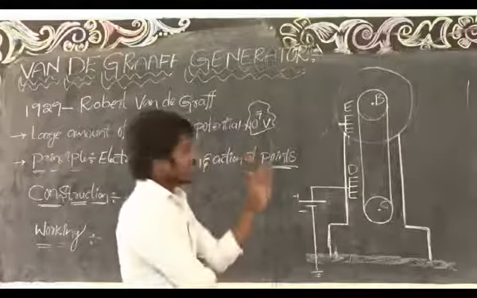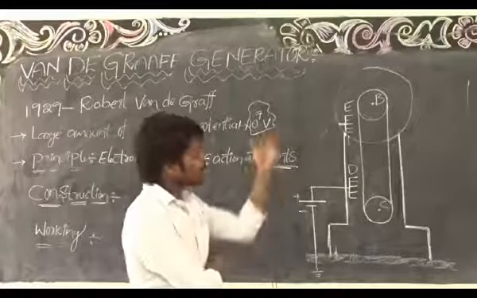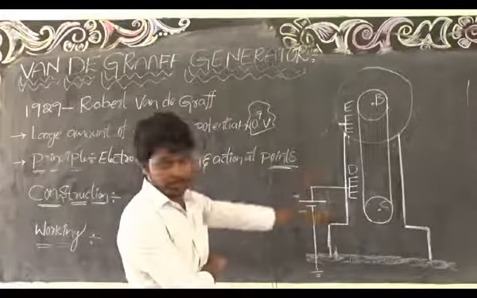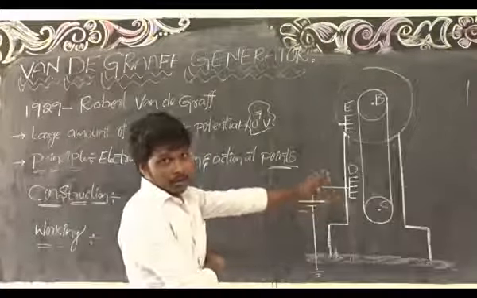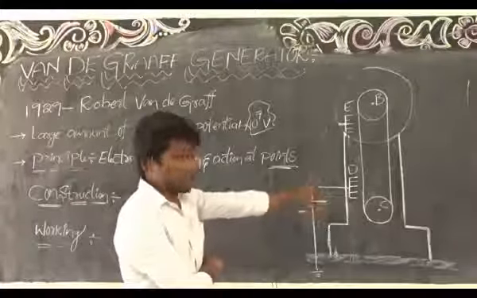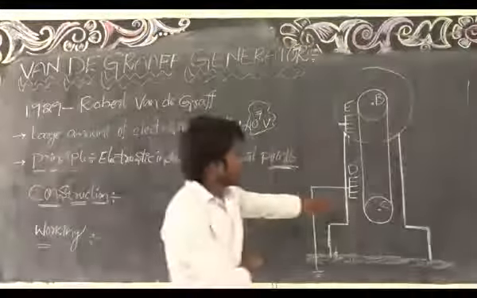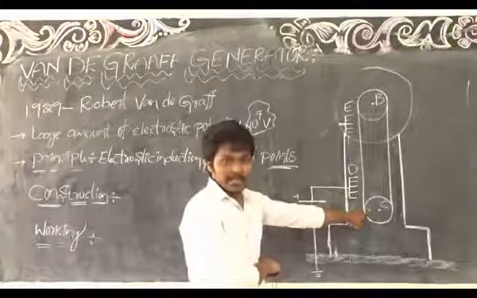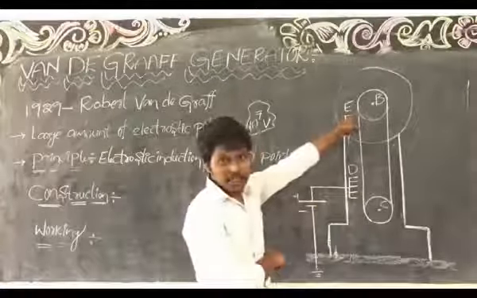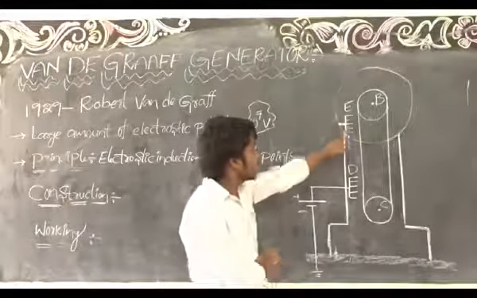Let us consider a conducting sphere placed on insulating stands. A pulley B is placed inside of the sphere and a pulley C is placed downside of the sphere. This experimental arrangement has two conductors, D and E. The conductor D is fixed nearer to the pulley C and the conductor E is fixed nearer to the pulley B, inside of the sphere.